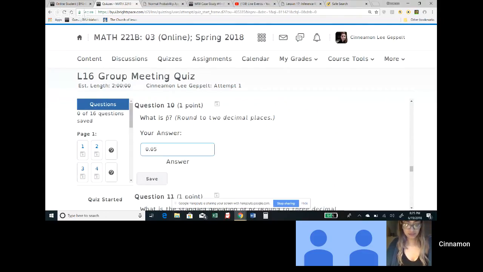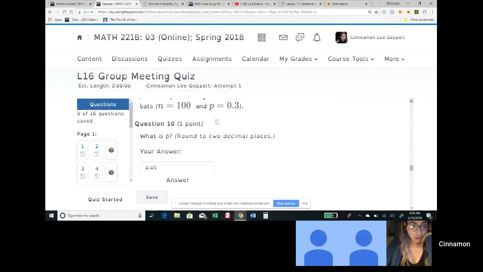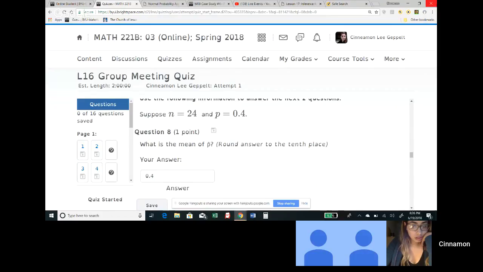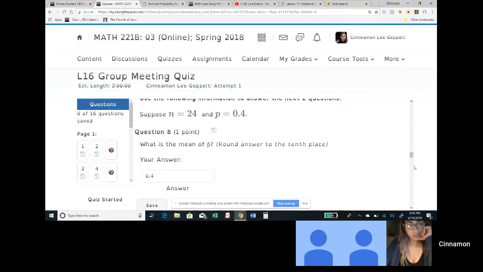Okay, so what about that? So am I looking at this right? If I go 0.045, I'm going to round it up to 0.05. Okay, so what did we get for 9 then? Okay, never mind. That was a different solution, I guess.